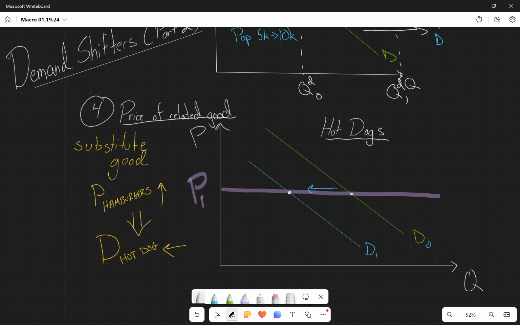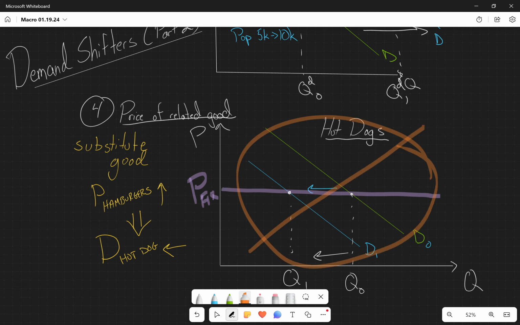So we say, okay, if the price of a hamburger was to increase, and the price of hot dogs were to stay fixed, this is currently saying that since hamburgers are more expensive, there's going to be fewer people buying hot dogs, right? So this does not make sense. And the reason why it doesn't make sense is because it's wrong.